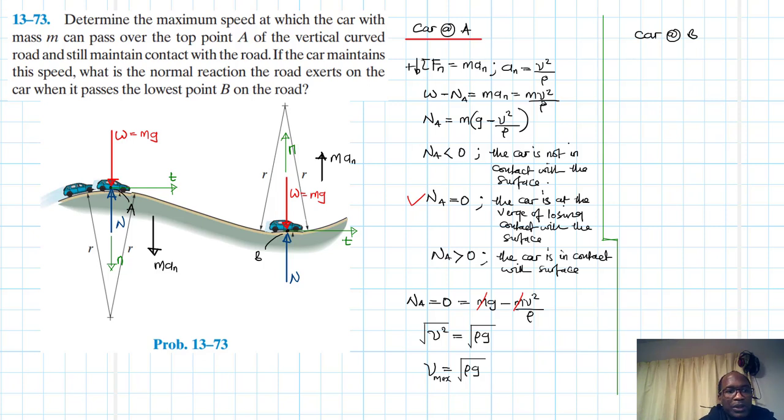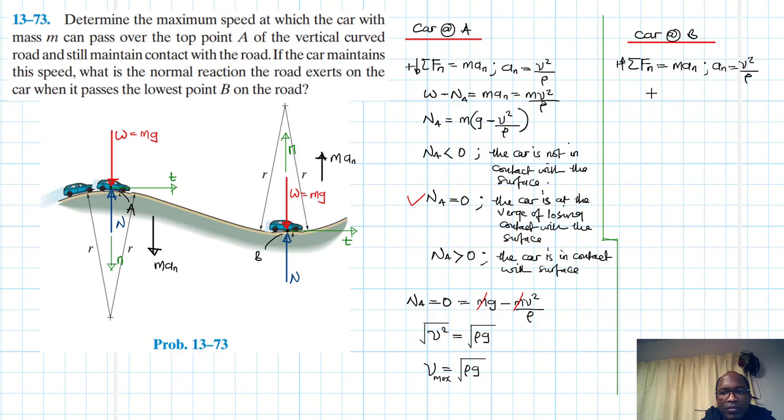So what happens at B? At B, we apply the equation again, summation of forces in the n direction, going up being our reference. This is just equal to m a_n, where we already know what a_n is. It's just v squared divided by rho.